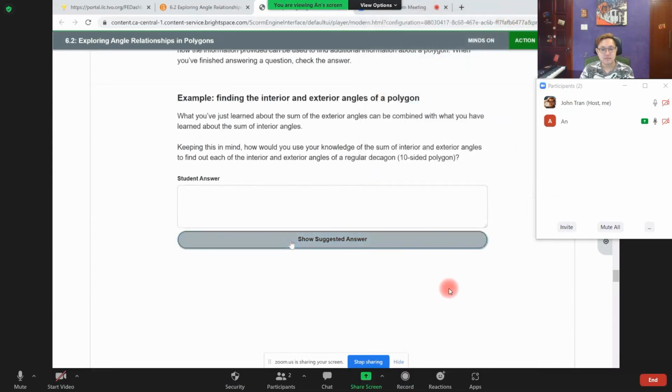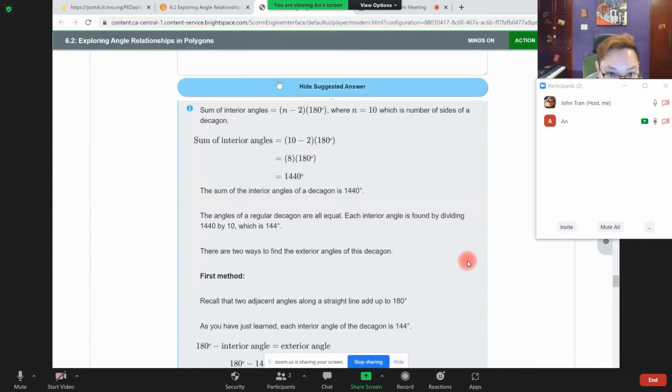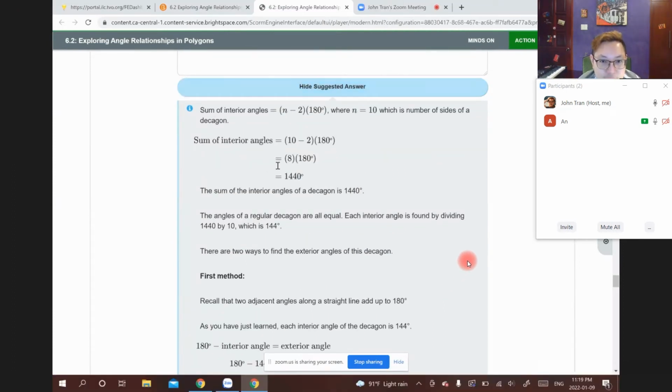Let's see, suggested answer. Sum of the interior angles. So instead of minus 360 in the middle, they write a different formula, which is n minus 2 times 180, because 2 times 180 is 360, right?